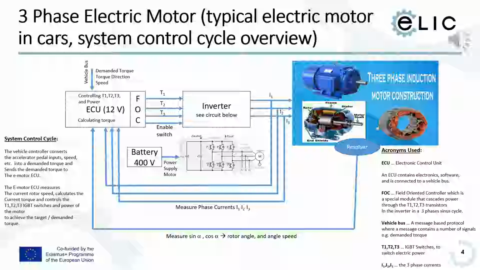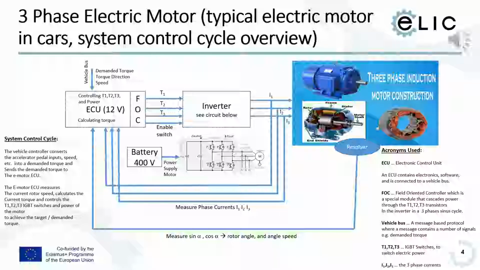Yeah, and then T1, T2 and T3, as we have seen in the e-motor concept video, are what they call the MOSFETs. They're also called IGBT switches to switch electric power. And the MOSFETs are, in this case, semiconductor elements to switch high electric power of 400 volt. And when we put the I1, I2 and I3 currents on the 3 coils, we call them the phase currents.